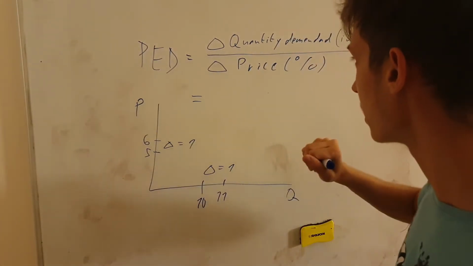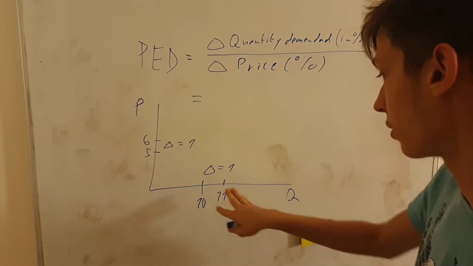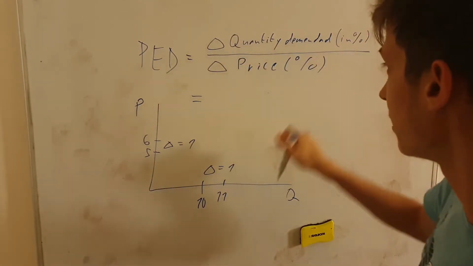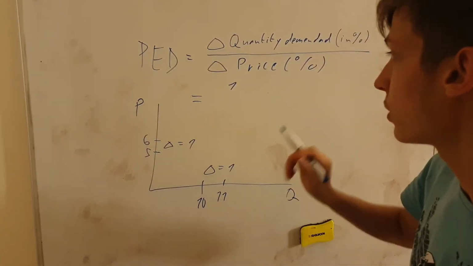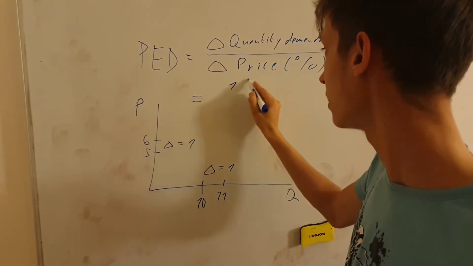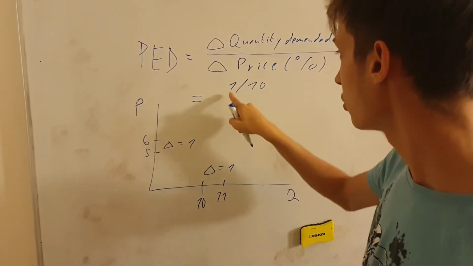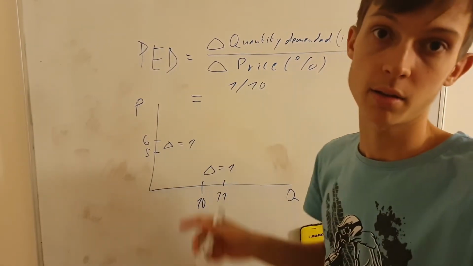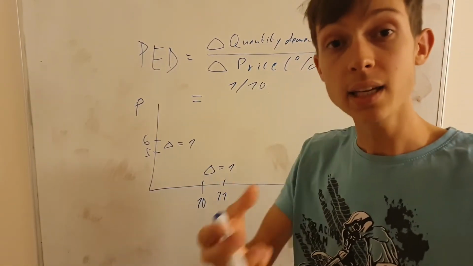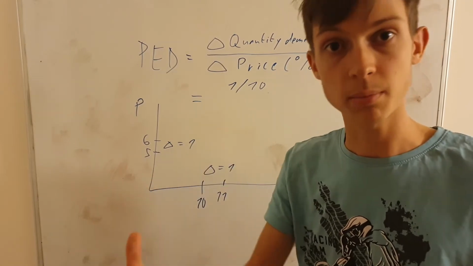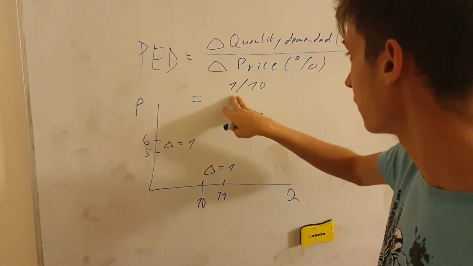So what we are doing here is, of course, we talk about the change. So change in quantity demanded, it is 1. But we have to compare it by dividing it by the initial value. So by 10. You will then rewrite this as 0.1, and that is 10%. So you can call it 10%, or you might just as well leave it like this.